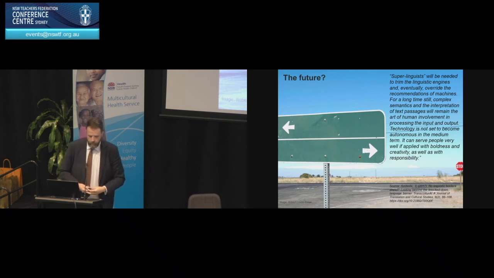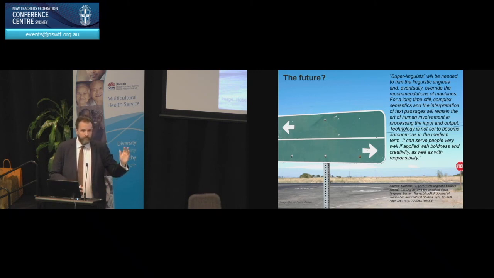The future? Well, I think the point I've ended up with in this work is that humans still matter in this process. Thomas Svoboda wrote this 2 years ago. He called for this idea of superlinguists that will be, in some sense, refining the inputs and refining the outputs, but also recognising that there's a whole bunch of stuff that machine learning will never adequately do.